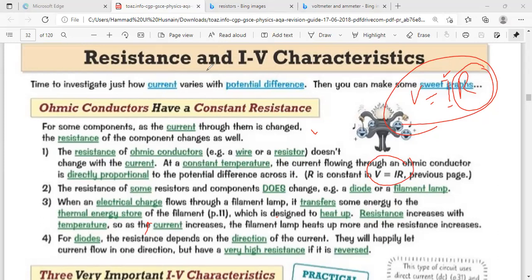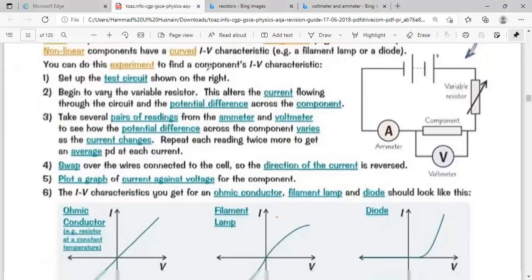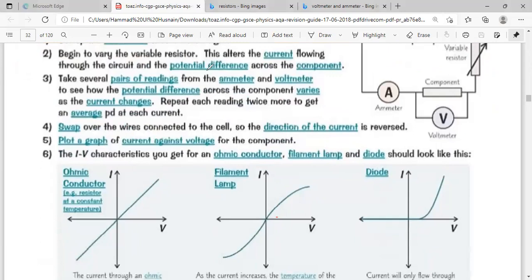We have seen here, in these examples, that when the current was changing, the resistance of these two components, the filament and diode, was also changing, right? Because do you have the concept of slope in mathematics?